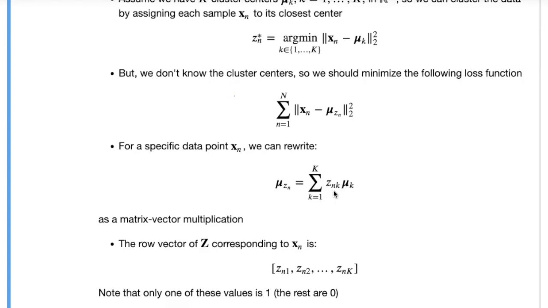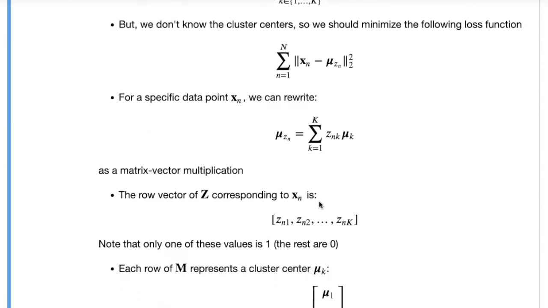So n is the sample index, and this k is the cluster index, which goes from 1 to uppercase K. And the way that we can define this is that let's put all these K different values for each n into a row vector. So now we have z_n1, z_n2, up to z_nK.